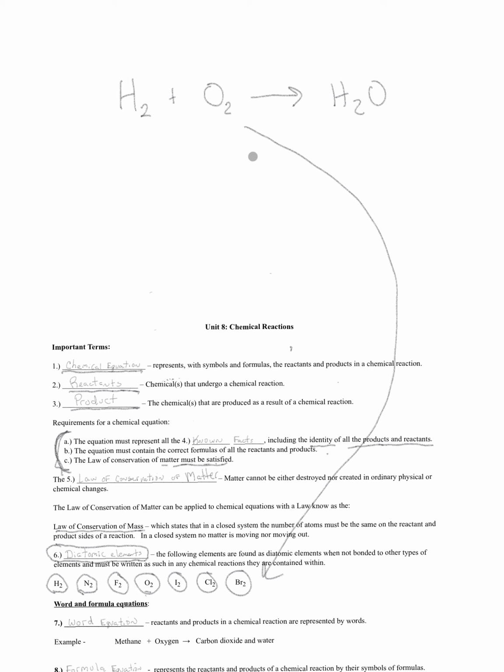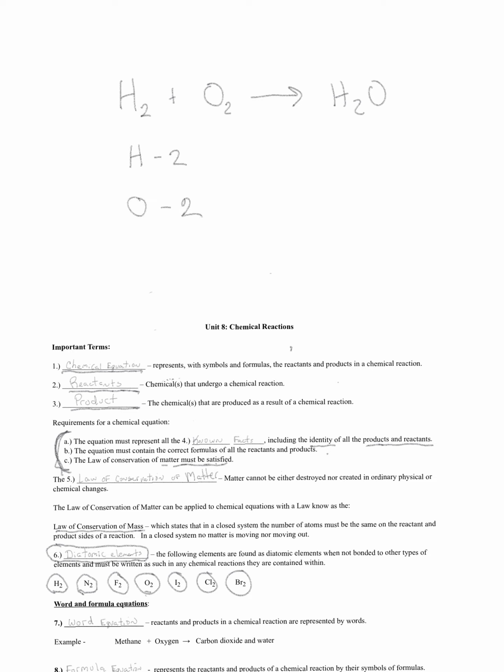But if you look, what you notice is, are the number of oxygens and hydrogens the same? Let's take a look at this. If I look at the hydrogen, how many hydrogens do I have on this side? I have 2 of them. And oxygen, I have 2 of them.